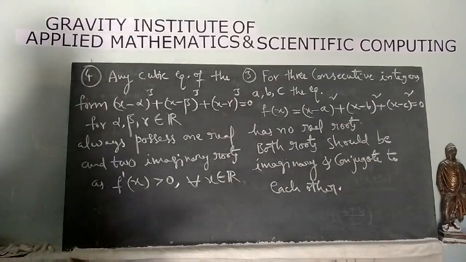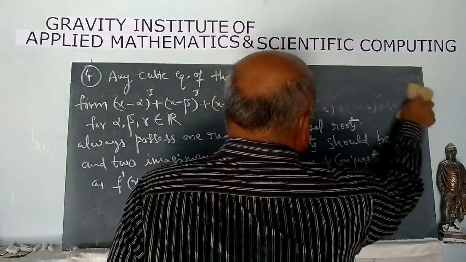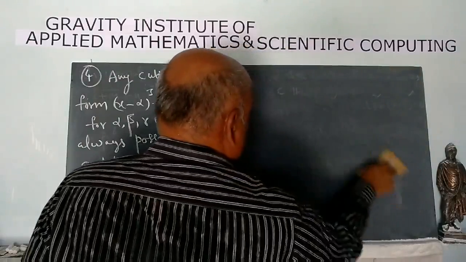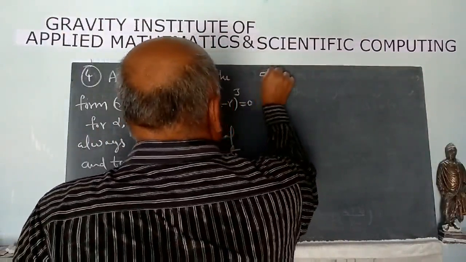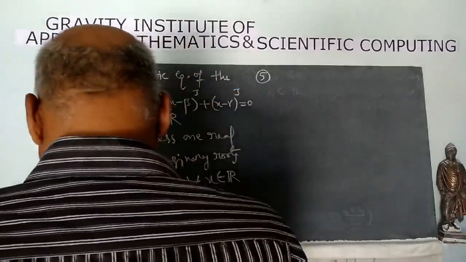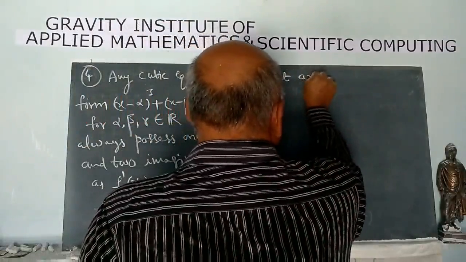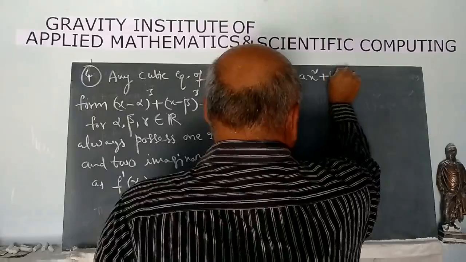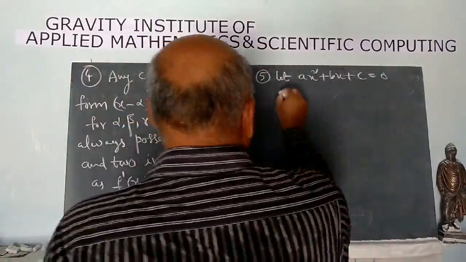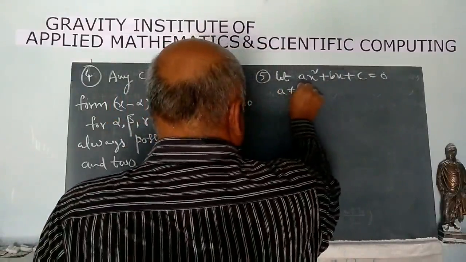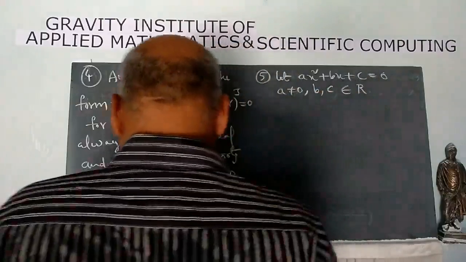Next, fifth point. Let ax square plus bx plus c is equal to 0, A is not equal to 0, b, c belongs to the set of real numbers.